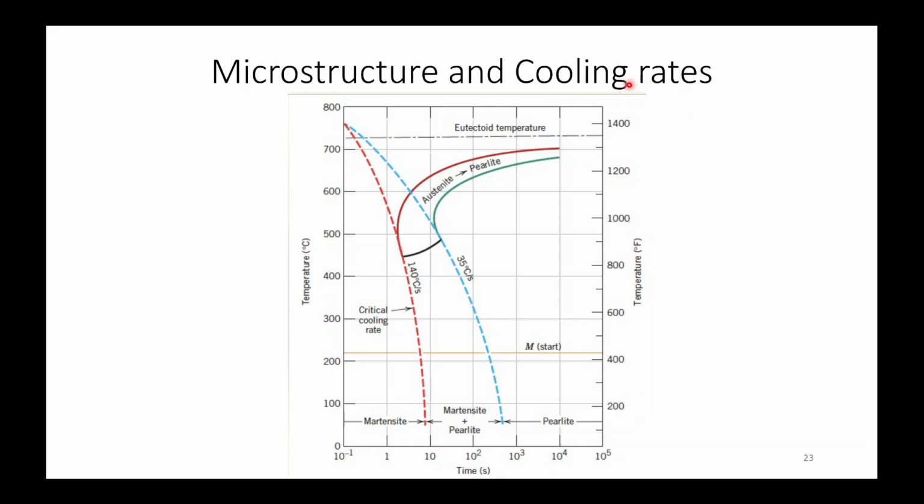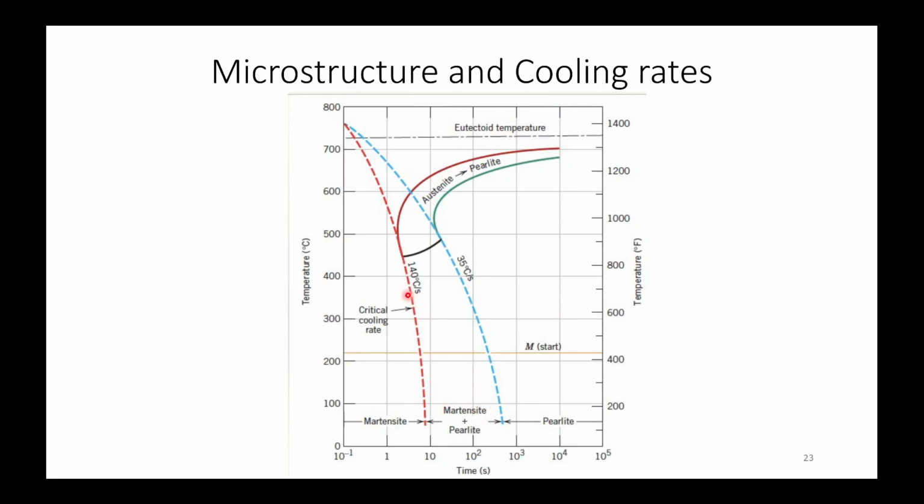Microstructure and cooling rates. Now these are the two extreme cooling rates that are shown. With this rate you will be getting 100% pearlite. If you decrease your cooling rate on this side, then you will be getting only pearlite, and if you increase above this and stay below the critical cooling rate, then you will be getting martensite plus pearlite.